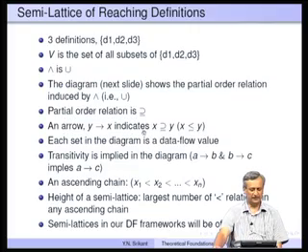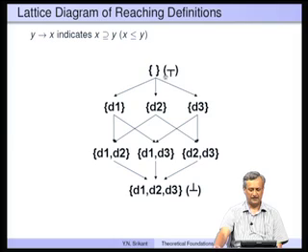So, here is an example. We are going to show a semi-lattice in the form of a diagram called the Hasse diagram. There are many sets, right. Here is the empty set, then singleton element sets, 2 element sets and finally, the 3 element set D1, D2, D3.